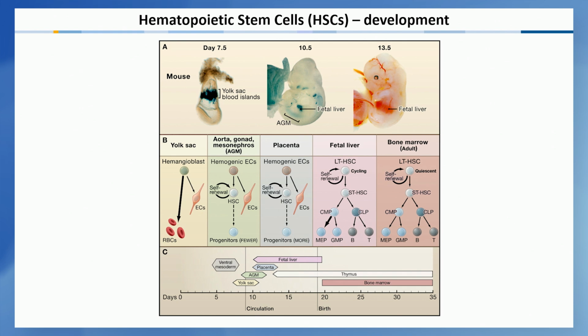So this AGM region produces the very first stem cells, which then undergo a trip. They migrate via the vessels to the fetal liver, where they expand a lot, and at the end of development, shortly before or around birth, they migrate to the bone marrow, where they then stay throughout the whole lifetime as the adult hematopoietic stem cells, producing all of the blood cells.